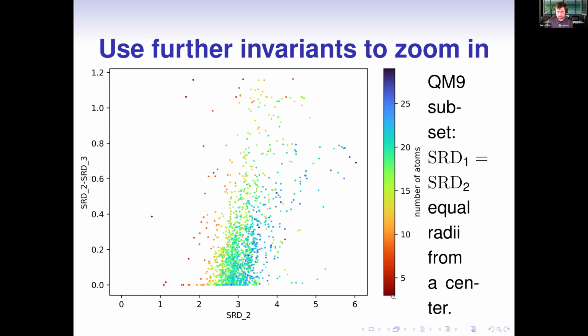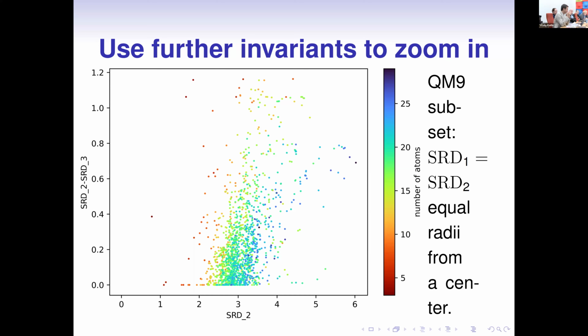And here the water molecule will be in a different location, because, as Yury mentioned, we take the subset which was on the horizontal axis in the previous plot, right? But now we consider sorted radial distances to the second and third atoms from the center of mass. So for the water molecule, that difference will now be positive.